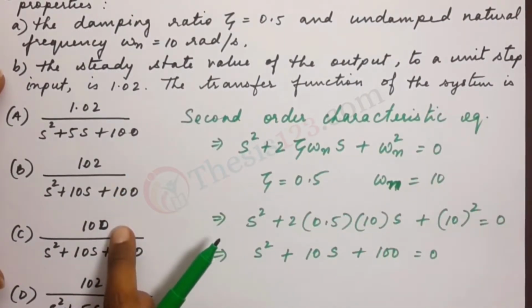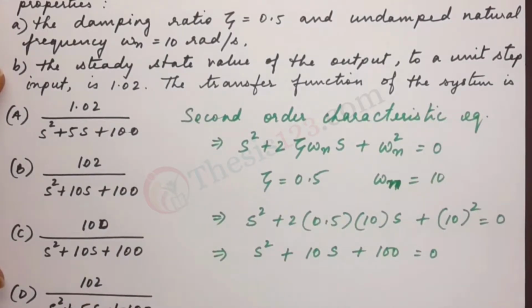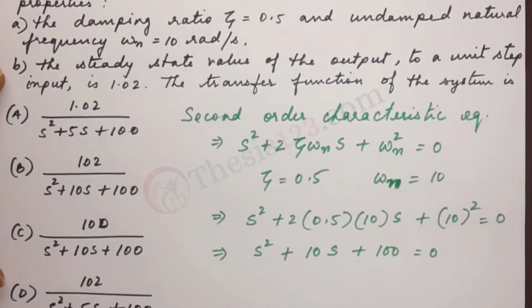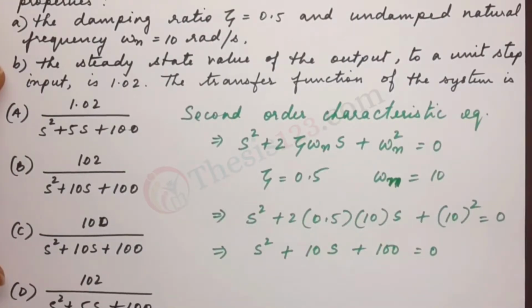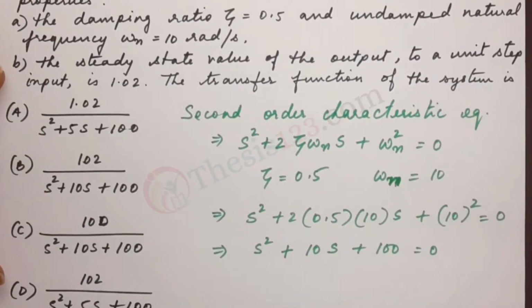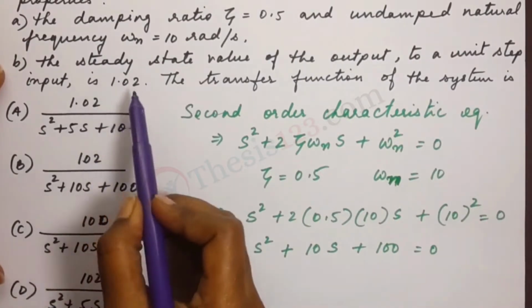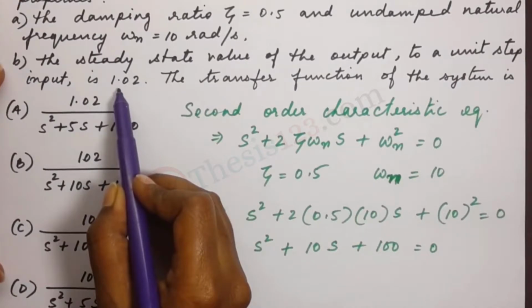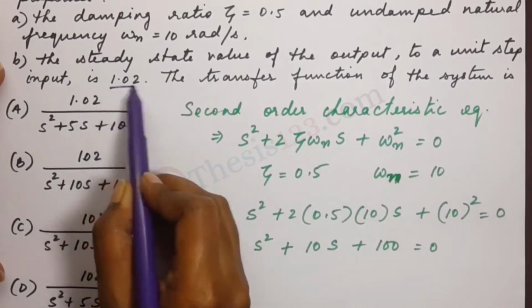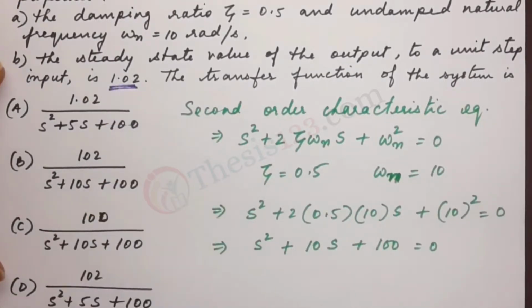Now in order to find that, we will have to figure out the DC gain. That's important. We need to check the DC gain and see which one matches the given. Here, we have the steady state value of the output to a unit step input. So the ratio is given as 1.02.